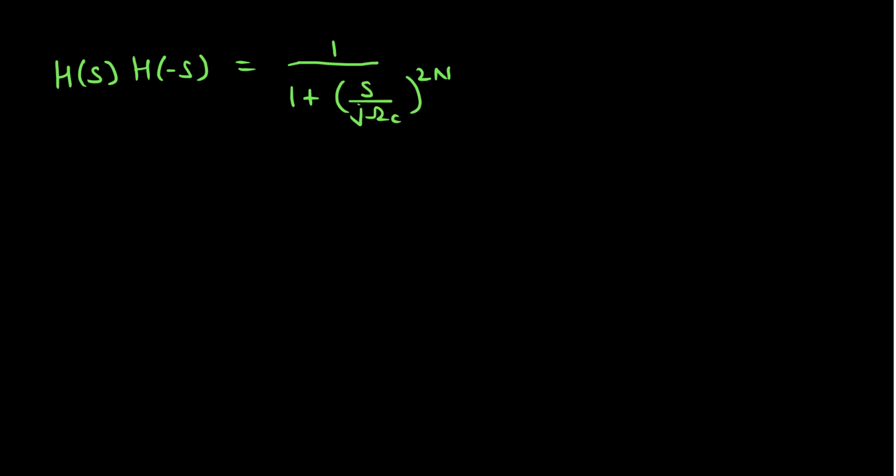And now using this, we need to find the expression for H(s). In order to find this H(s), let us analyze the denominator of this expression. That is, let us find the roots of this denominator.